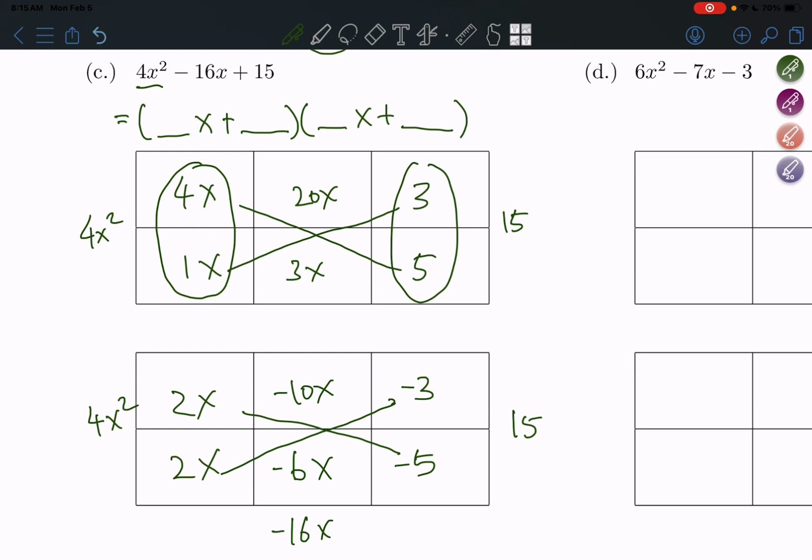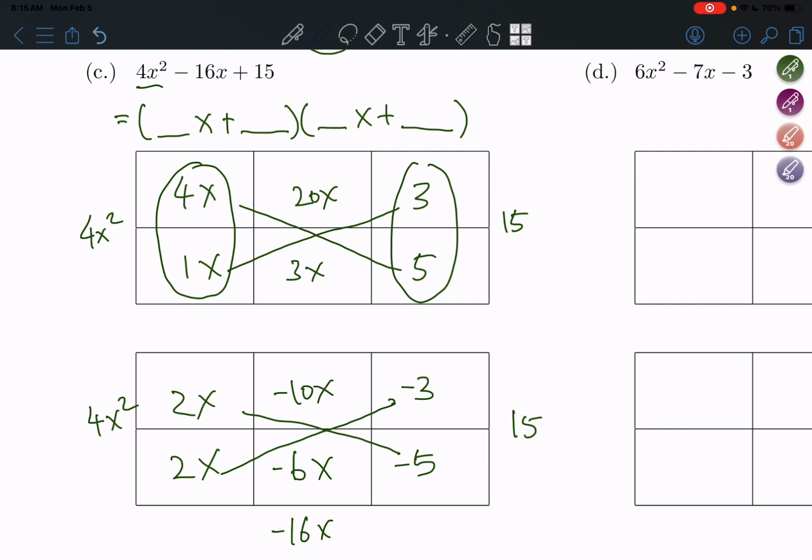The point here is, even if the guess and check way increases, nearly doubling the amount of guessing you have to do, if the leading coefficient is a number that has a lot of possible factors, in this case 4 has two different versions of the factors here.